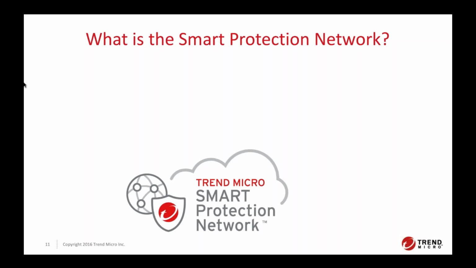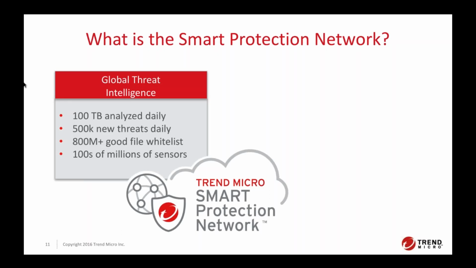So if something brand new is found on that home user, we can understand and see that new type of threat, and we can alert our enterprise users to it as well. So we have that breathing, growing database. Within the Smart Protection Network, over 100 terabytes of threats are analyzed daily.